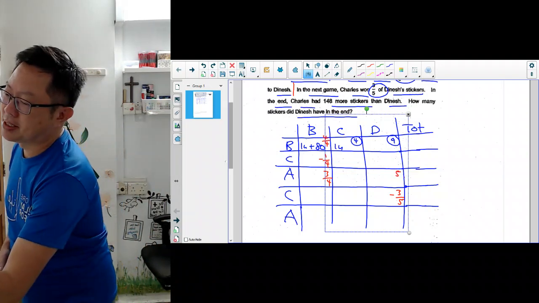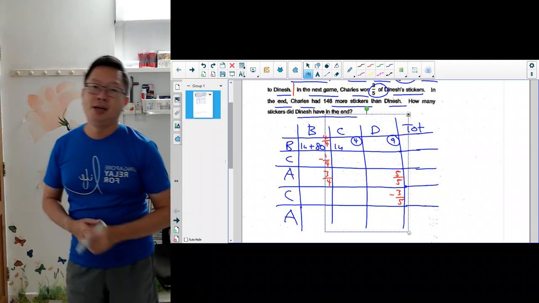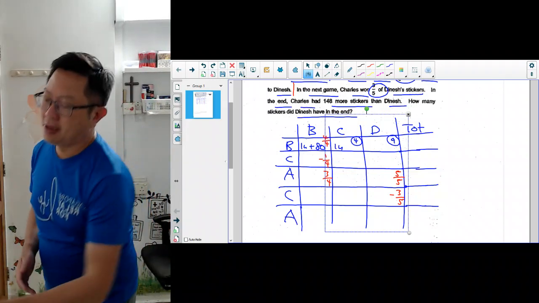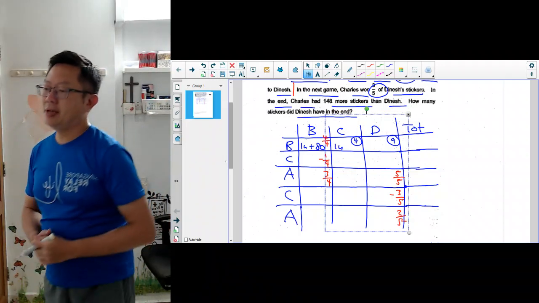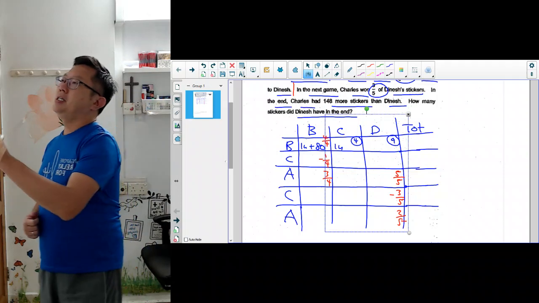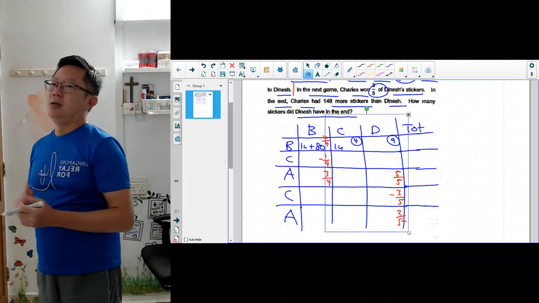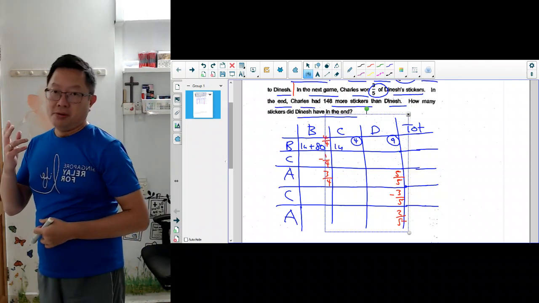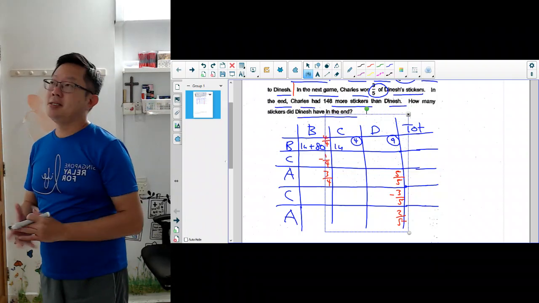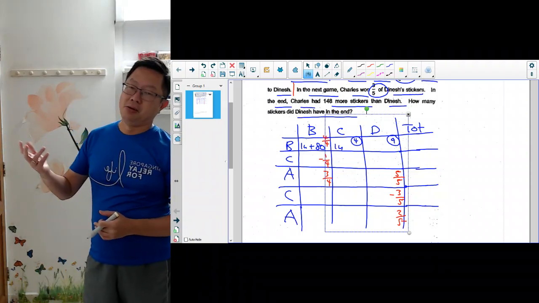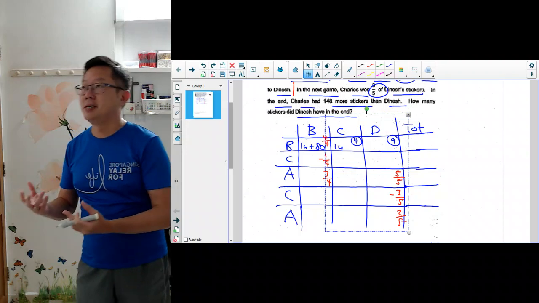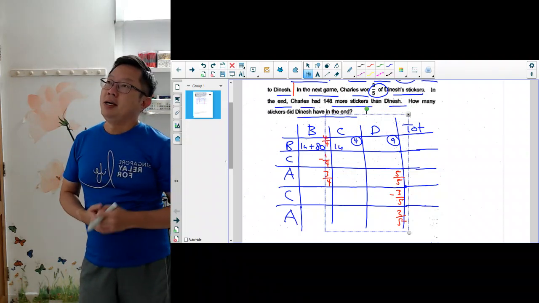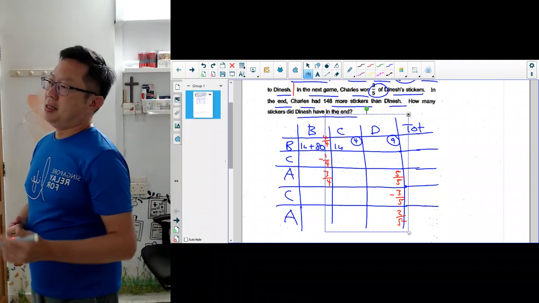So Dinesh must have 5/5 at first, and then he lost 3/5, and now he has 2/5 left. Okay, and in the end, Charles had 1/4 more than Dinesh.